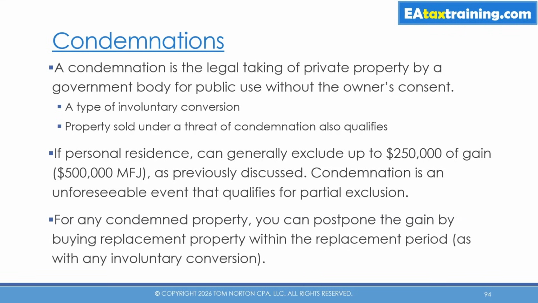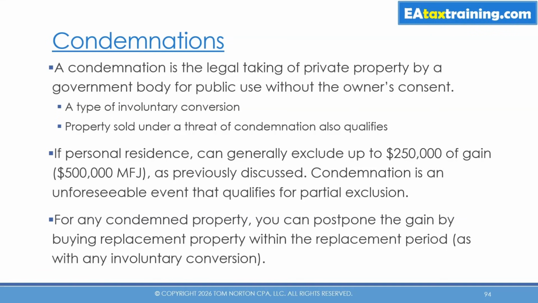It is a type of involuntary conversion. If it is a personal residence, then you can exclude the $250,000 or $500,000 married filing jointly, as previously discussed, as long as you meet all of the rules. And a condemnation is one of those unforeseeable events that qualifies for the partial exclusion.